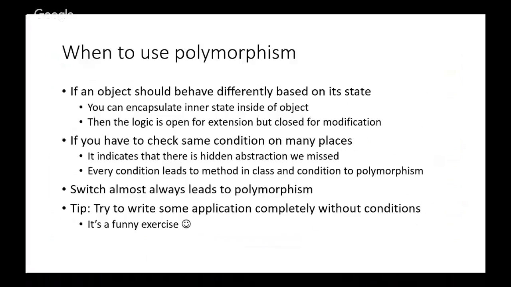In the articles I read, they said that every switch should be rewritten to polymorphism. Using if could be adjustable, or it could be possible, but switch, it's very rare case where it's a good idea to use it.